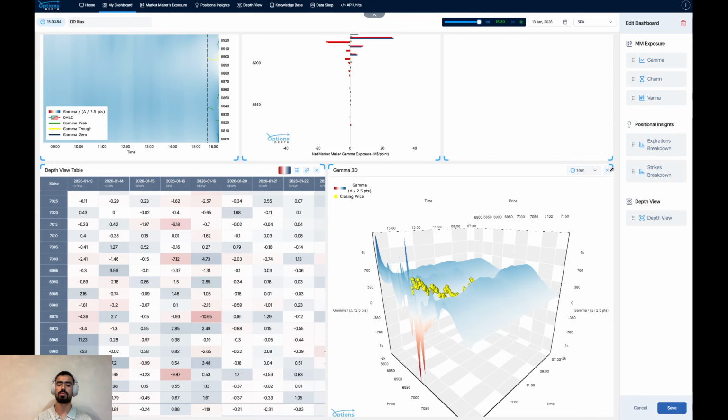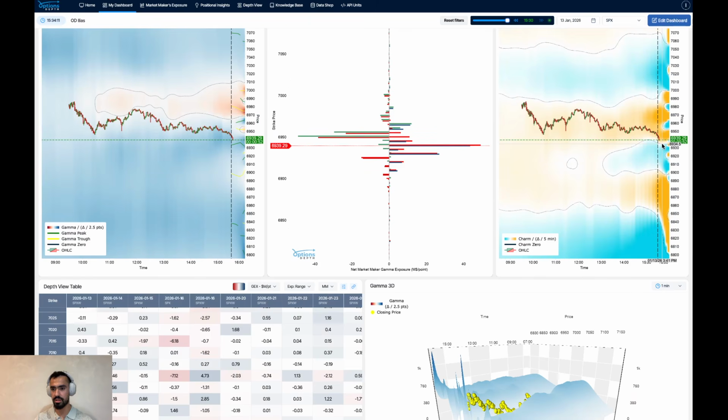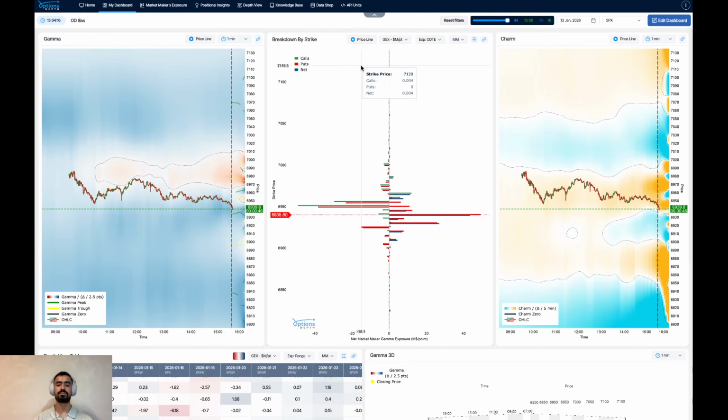Look at this. We're moving into the suppressive trend, into the gamma peak, which moved a little bit lower, just at the 69.35 mark. Here, I'm going to be using market maker. I like position. Here you can have your quick access filters.